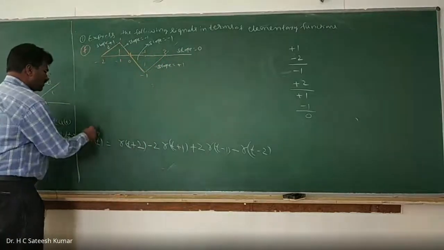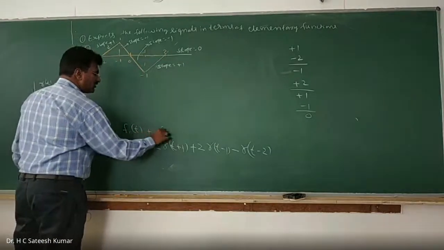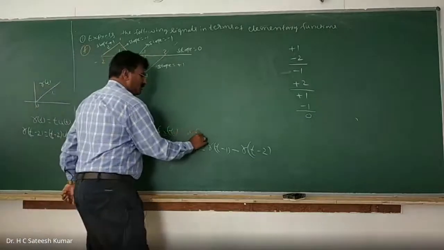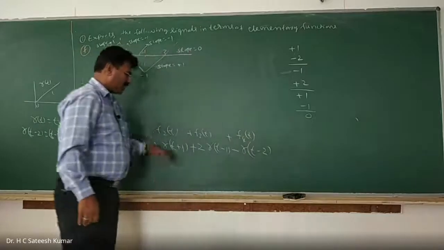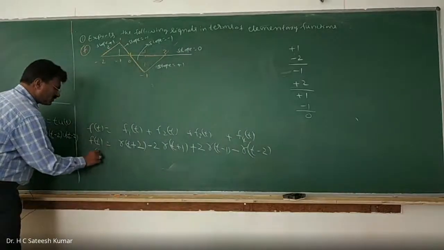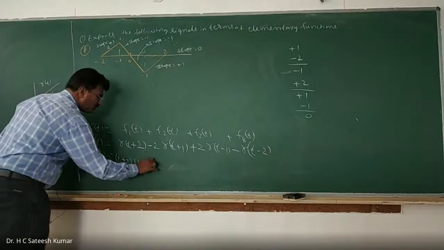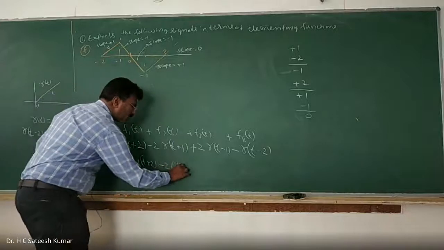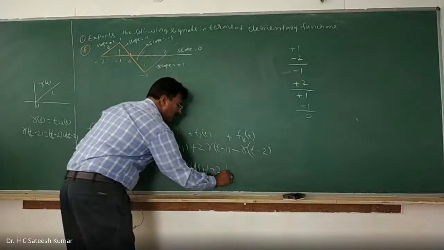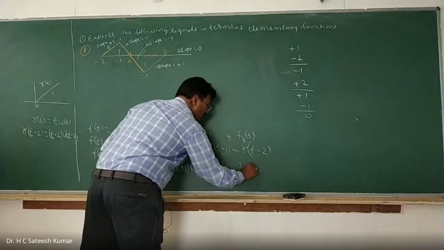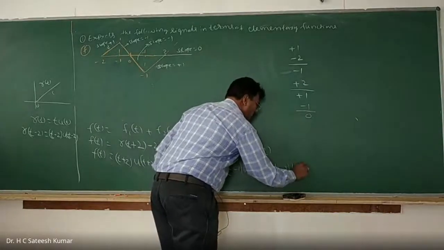So we all know that f of t is equal to f1 of t plus f2 of t plus f3 of t plus f4 of t. Reverse, you write it. And f of t, in terms of step, I will write it: (t plus 2) into u of (t plus 2), minus 2 into (t plus 1) into u of (t plus 1), plus 2 into (t minus 1) into u of (t minus 1), minus (t minus 2) into u of (t minus 2).